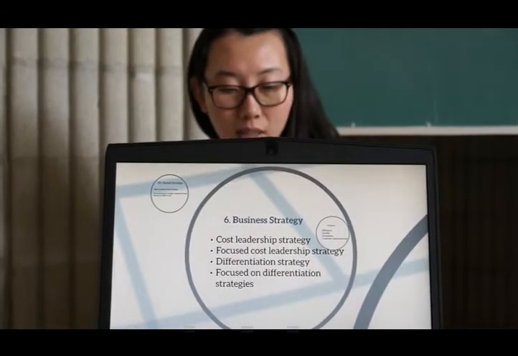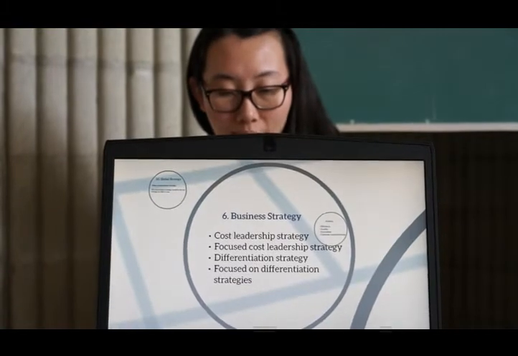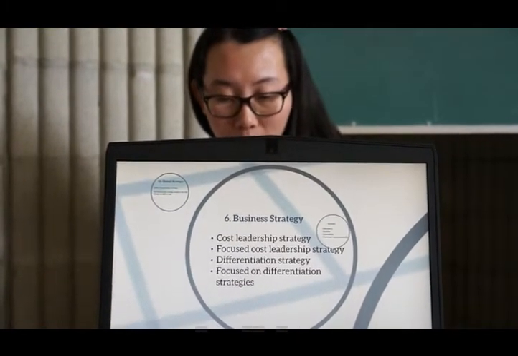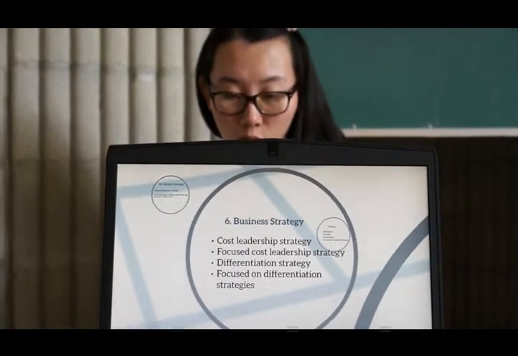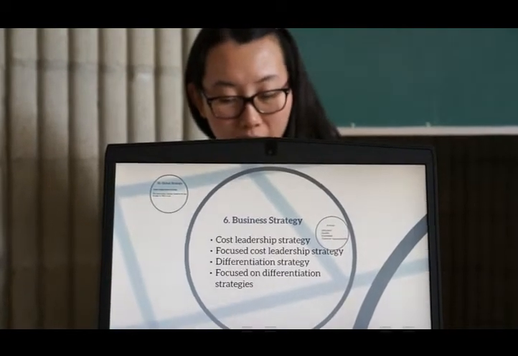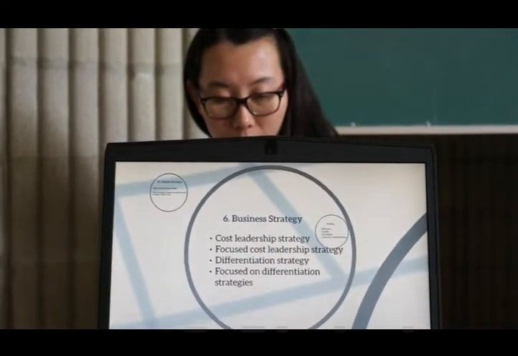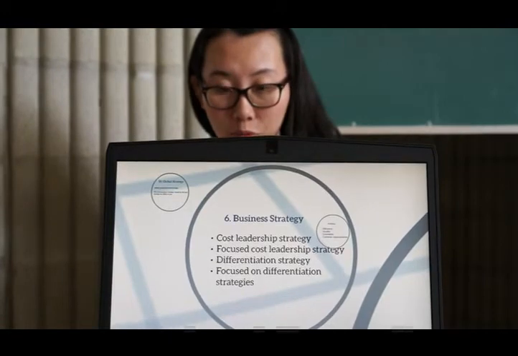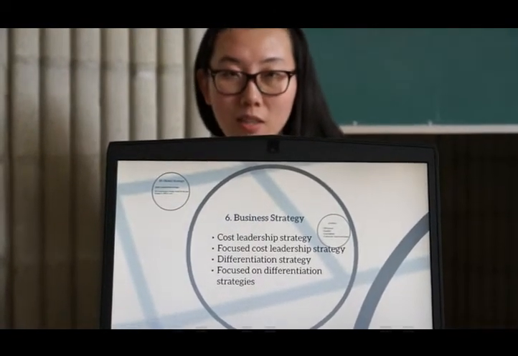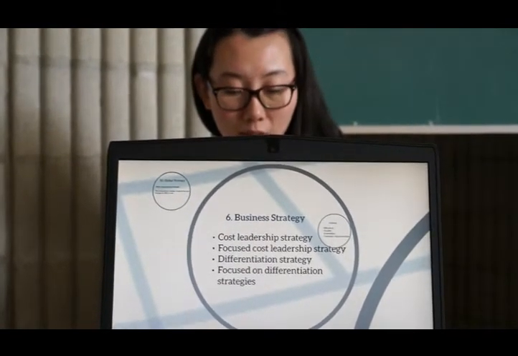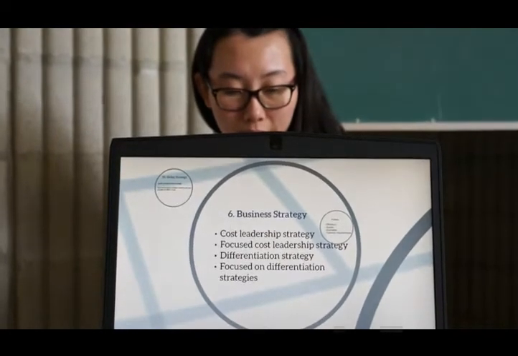The third one is differentiation strategy. It means pursuing a business level strategy to make unique products, increase their distinctiveness with narrow products, and bring a new feeling for customers. The last one is focused differentiation strategy.